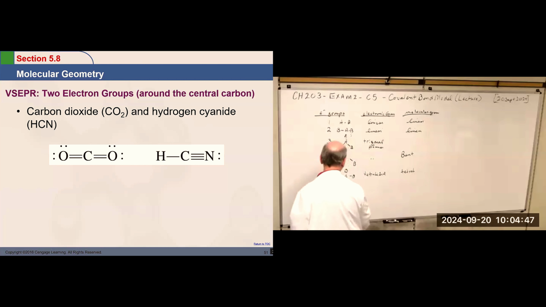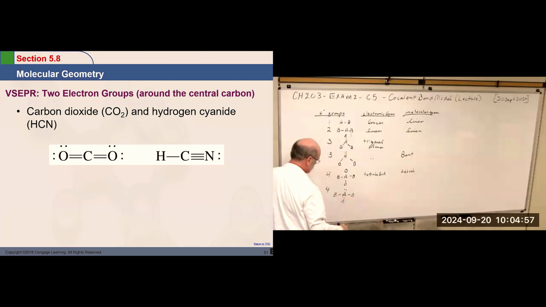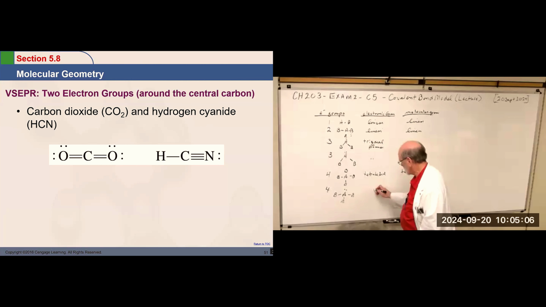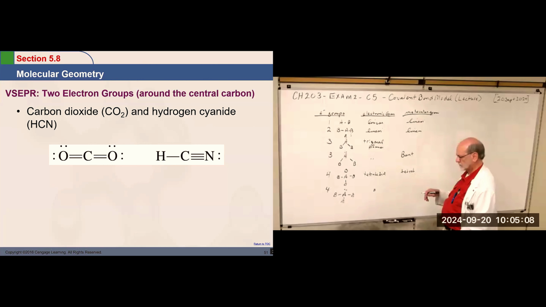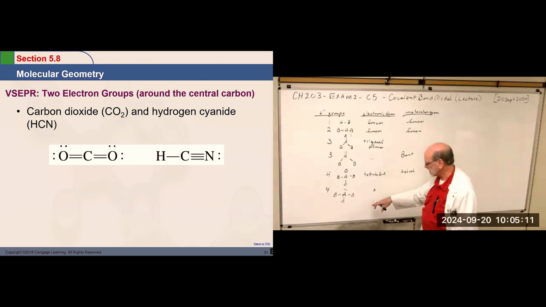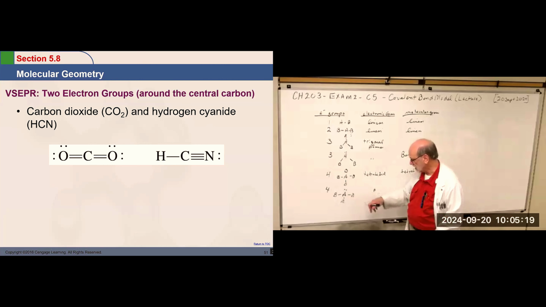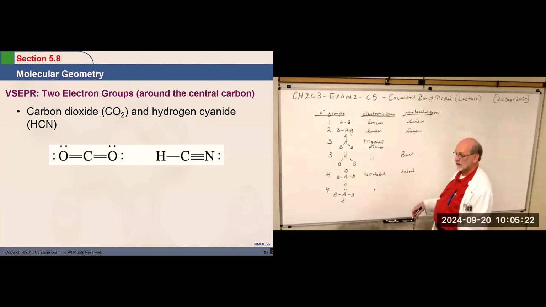But if one of those was a lone pair, so we had a lone pair up here, like our ammonia molecule, now we've got pressure on these at the base, and we would expect, well, it's going to be tetrahedral electronic still, but those would be on the base, and we would expect it to be trigonal planar, but it's not because of the pressure here. What we have now is a trigonal pyramid.